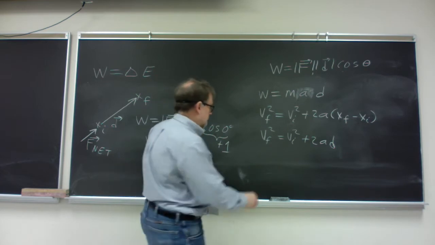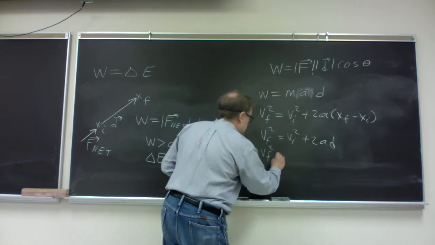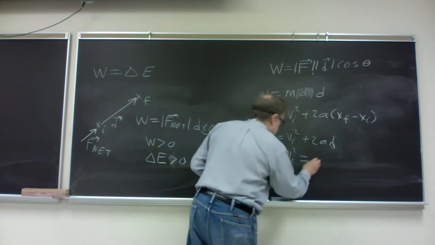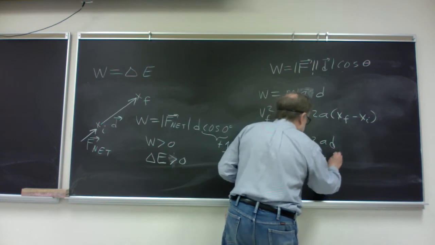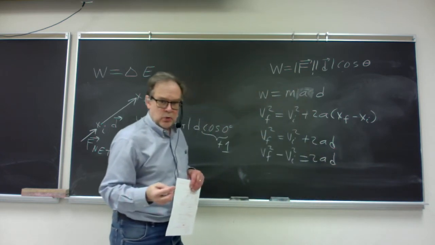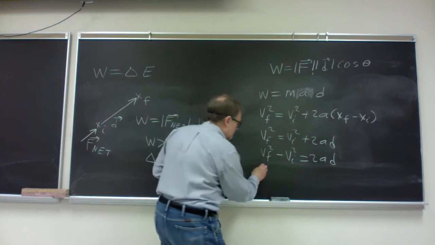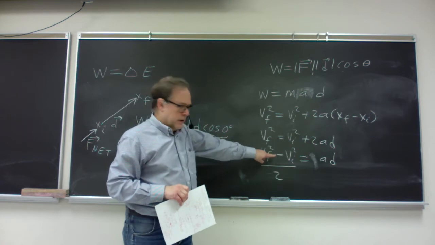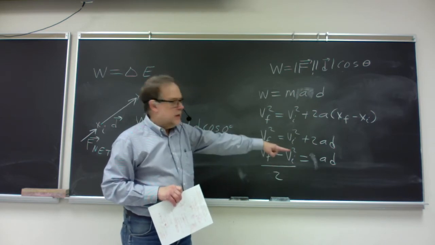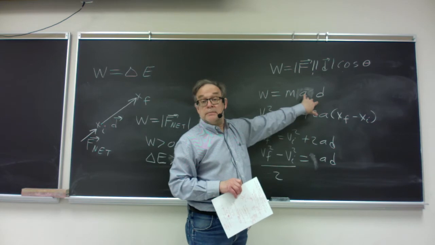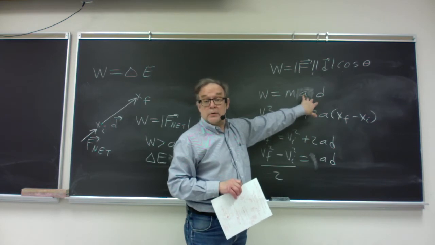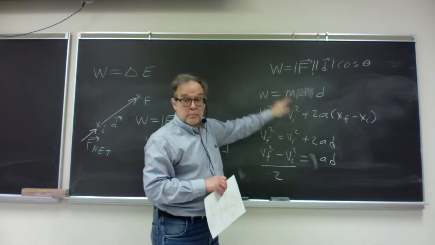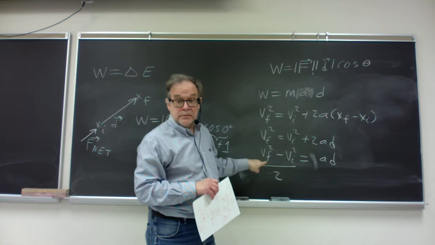Rewrite that just a little bit. Final velocity squared minus initial velocity squared equals 2ad, or divide both sides of that equation by 2. And we've got final velocity squared minus initial velocity squared divided by 2 equals ad. There's ad up in our algebraic expression for work. So let's rewrite work by writing ad this way.